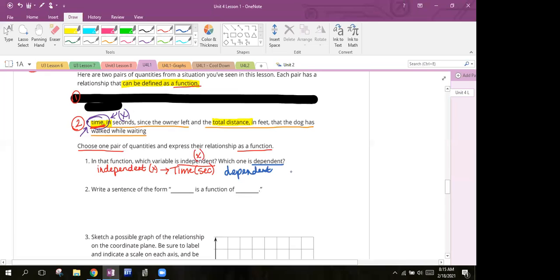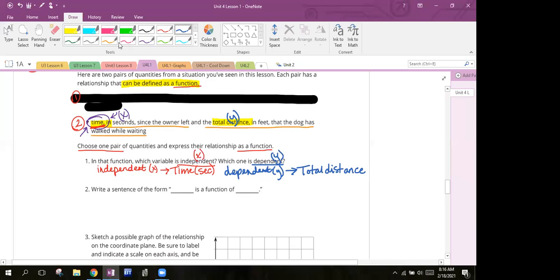All right, so if our independent is our X, then what is our dependent? Y. The Y value. Okay, so what is the dependent variable for this situation? Total distance. The total distance. All right.